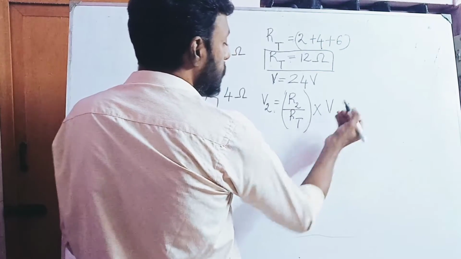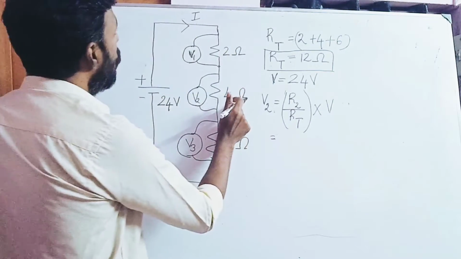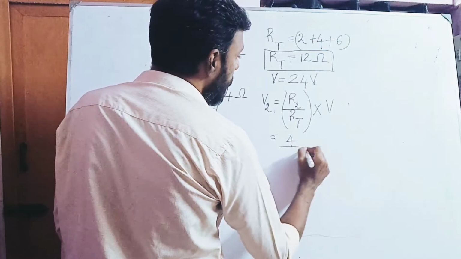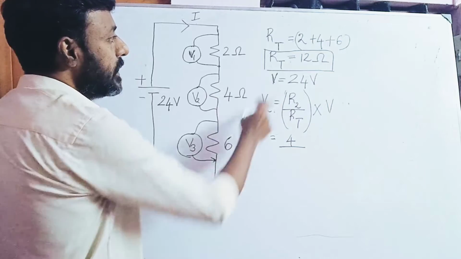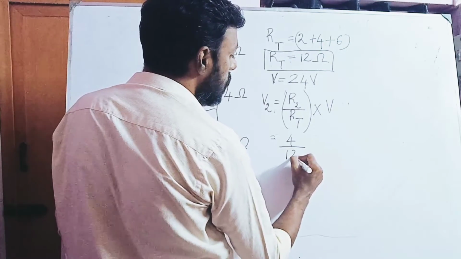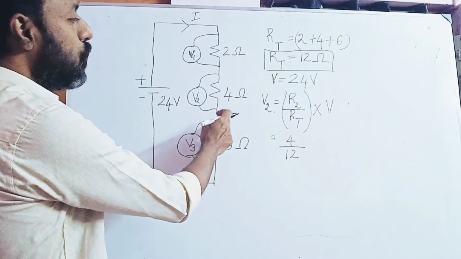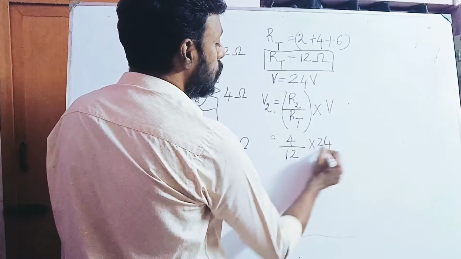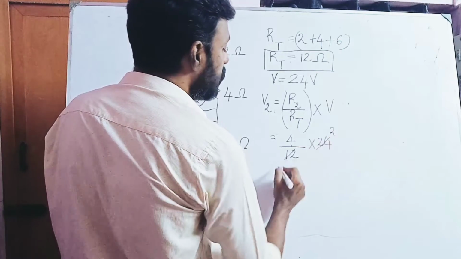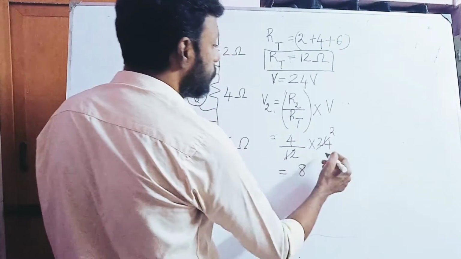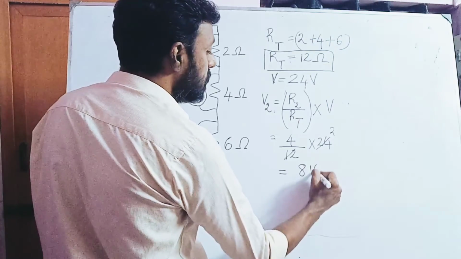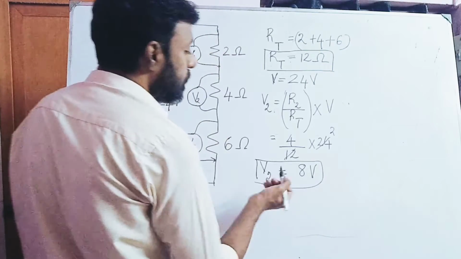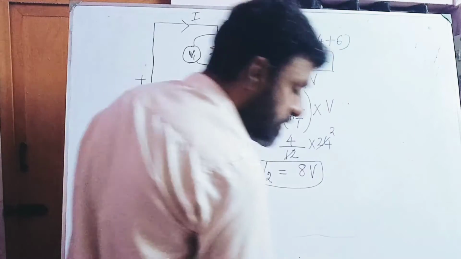R2 is 4 ohms, RT is 12, and the supply voltage is 24. So 4 divided by 12 into 24. 12 twos are 24, 4 twos are 8. Therefore V2 equals 8 volts.